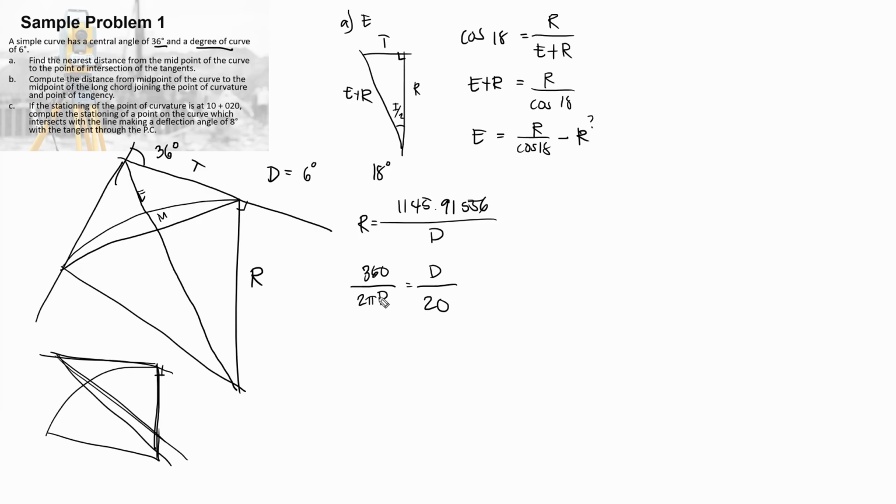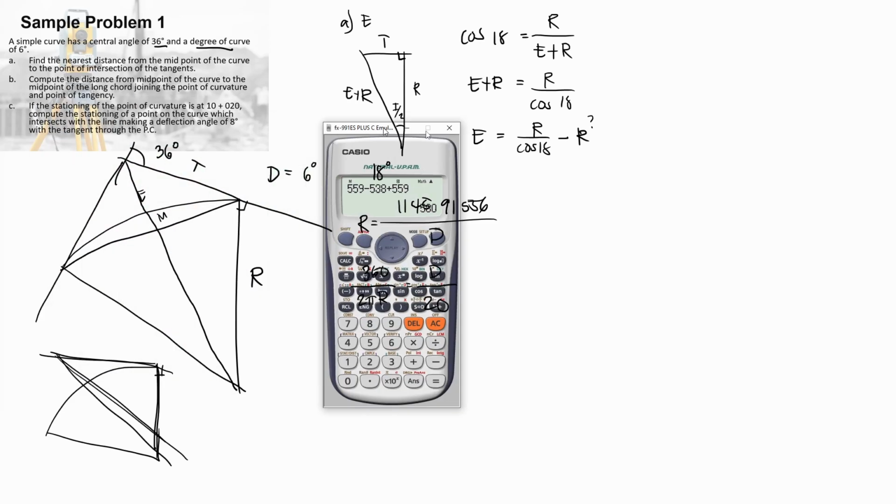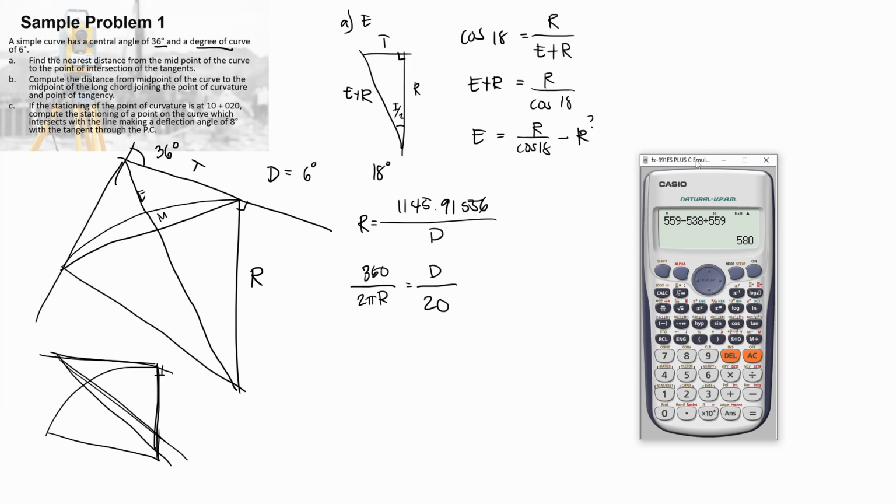So again, kung sisimplify natin to, so 360, tama ba to? Review lang natin, 360, 20, 2 pi. Mali pala, 559 pala yung dulo.